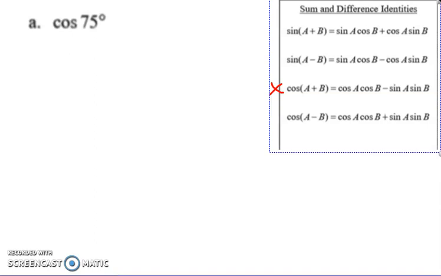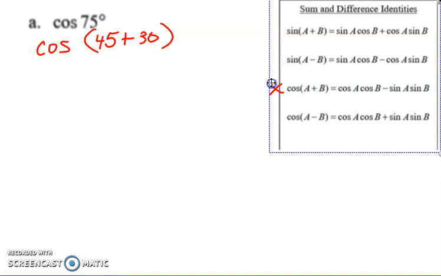So with this, we're going to say the cosine of 75, we're going to split it to a sum. So let's say 45 degrees plus 30 degrees. And obviously we're going to be using the angles and the ratios that we know, so that would be 45, 30, 60, and the quadrantal angles, 90, 180, and so forth.